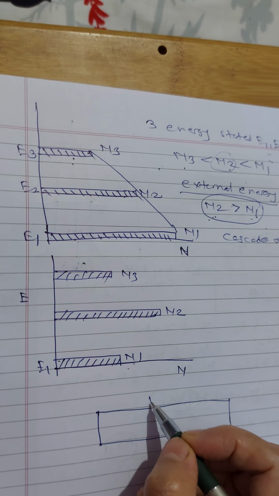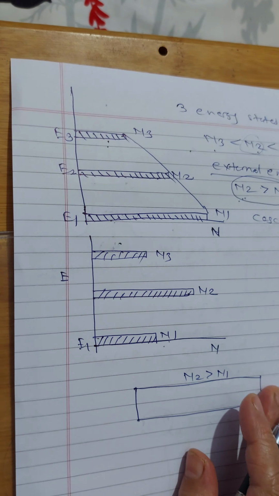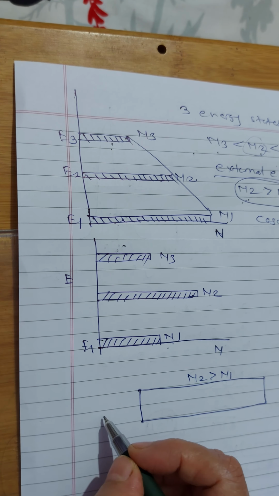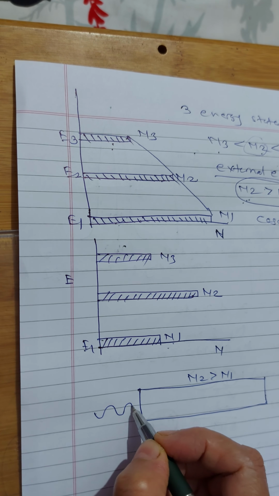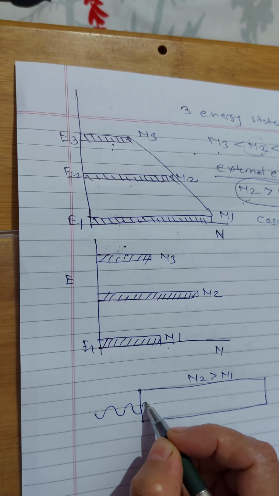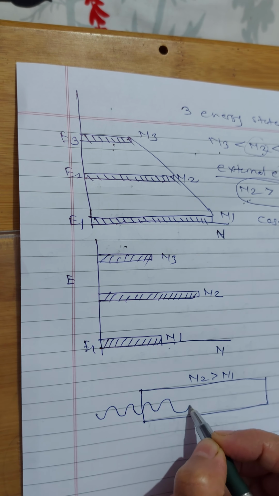Here I have to get N2 greater than N1 to get the light. So suppose here I pass my input wave. The input wave is going, and I am trying to get N2 greater than N1.